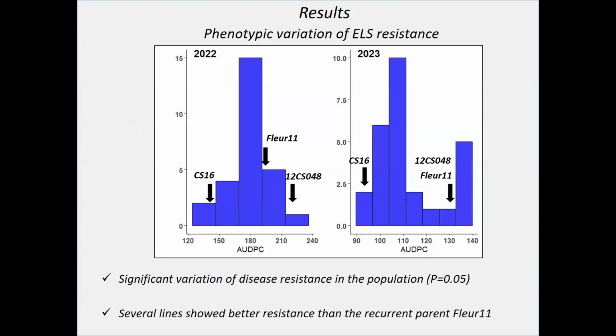As a result, we observed a significant variation between lines for ELS resistance in both 2022 and 2023. We also observed that several lines outperformed the recurrent parent, Fleur 11, for disease resistance, suggesting that the fragment from CS16 effectively brings resistance to ELS to the lines.